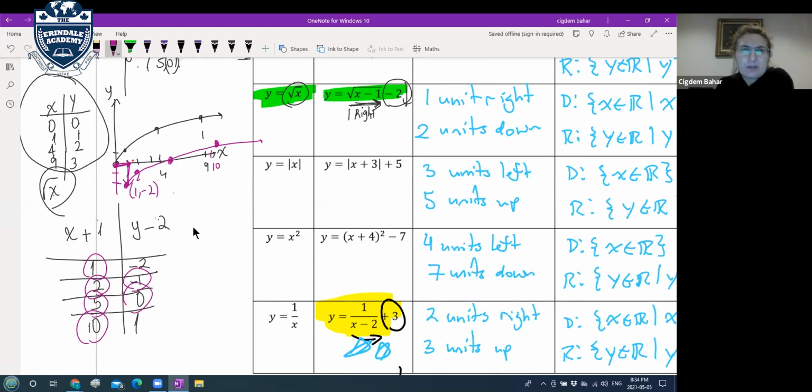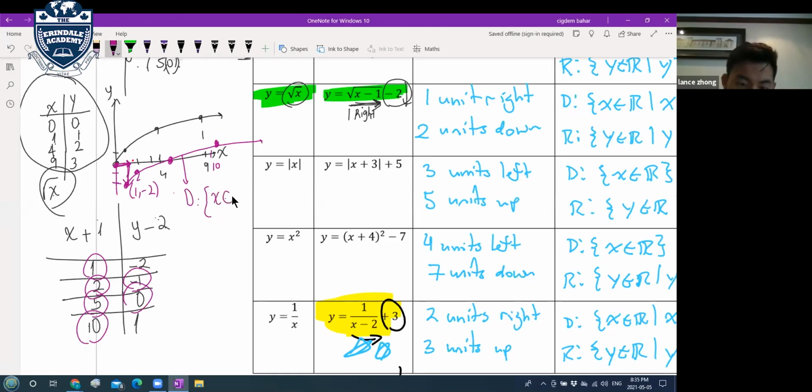Okay. Give me the domain and range for this purple one. x belongs to the real numbers such that x is greater than or equal to 1. It starts from 1 and goes to infinity.